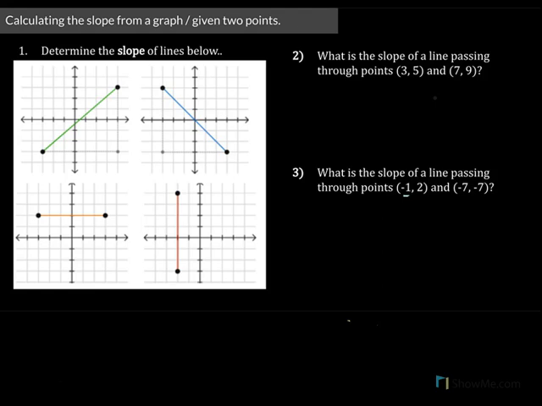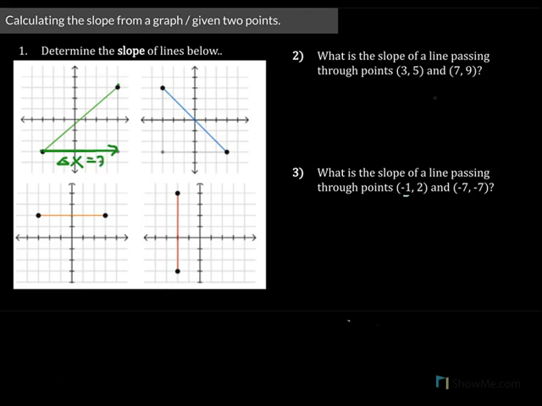So I need to find 2 points that lie on the line. In this case, they are marked here in black. And if I go from left to right, I need to go 7 steps to the right. So that's my change in x because it's horizontal change. Change in x is equal to 7.